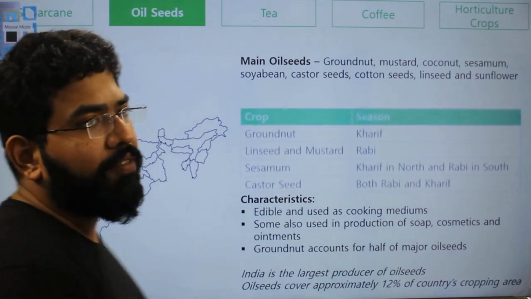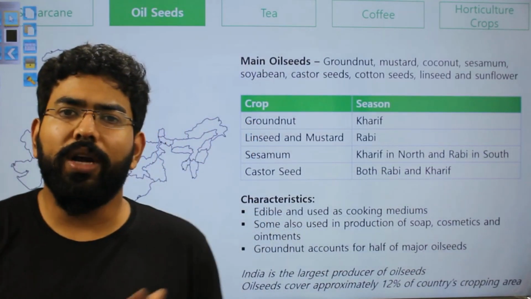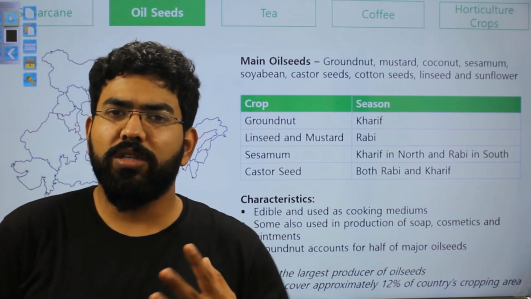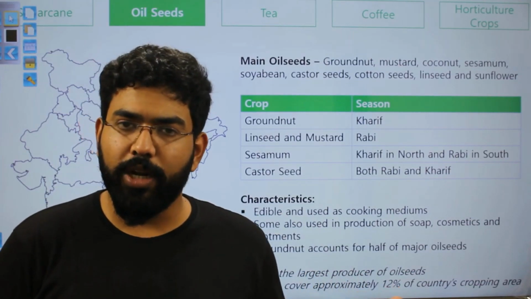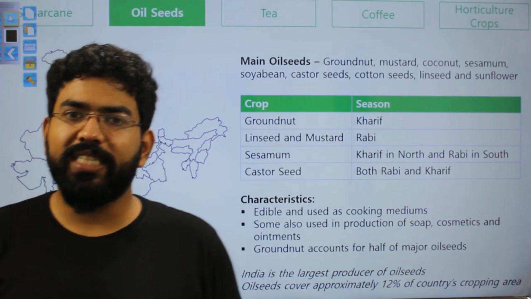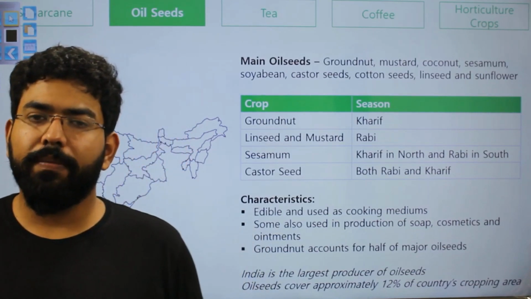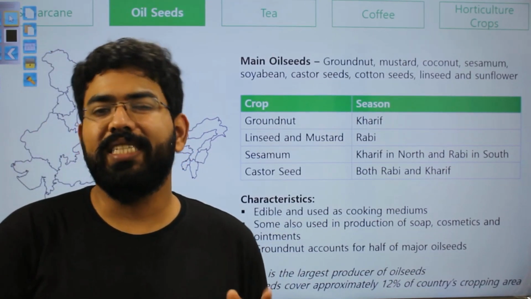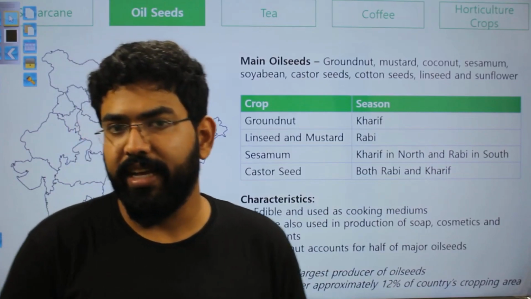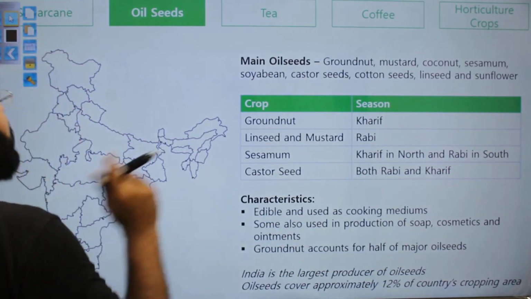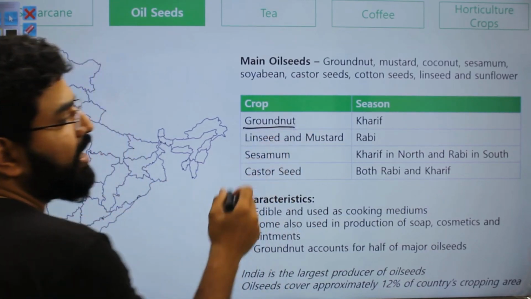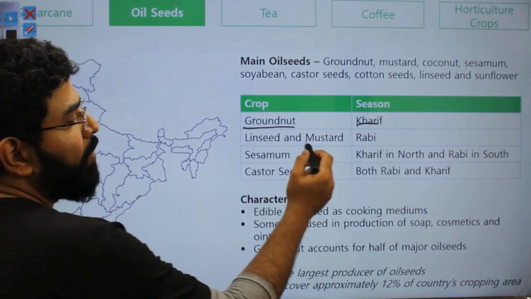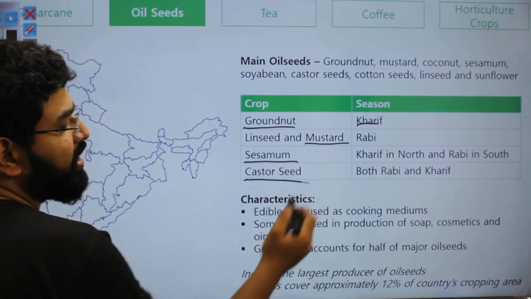Then we have our various oil seeds. Oil seeds, as we know, give all those different oils: mustard oil, coconut oil, groundnut oil. All those oils that we use for cooking basically come from the oil seeds that we cultivate. India is one of the largest producers of oil seeds. Oil seeds like groundnut are a kharif crop. Then you have mustard, sesame, castor seed.